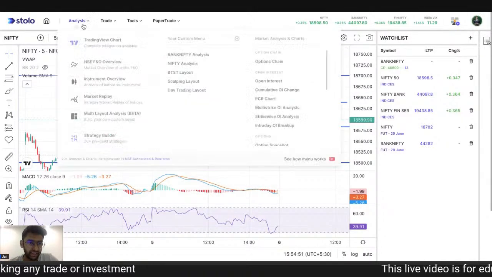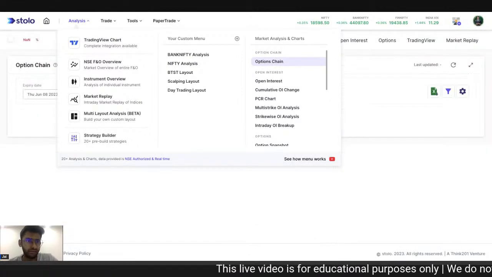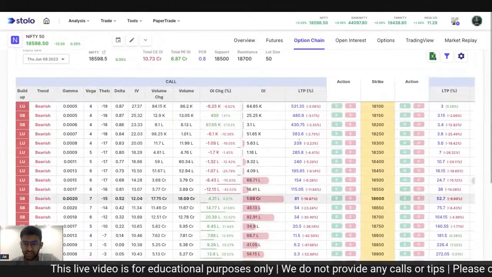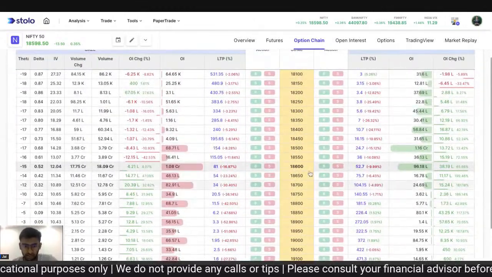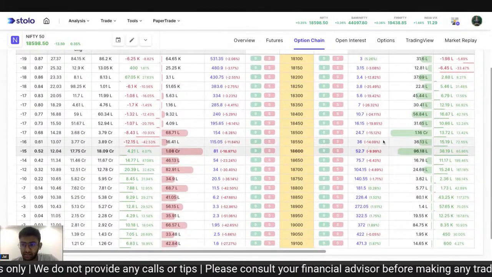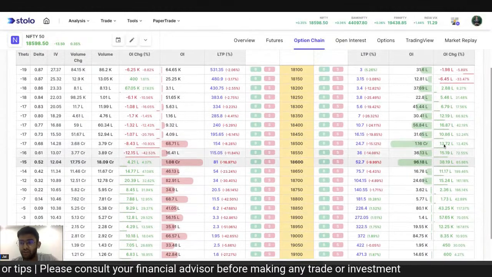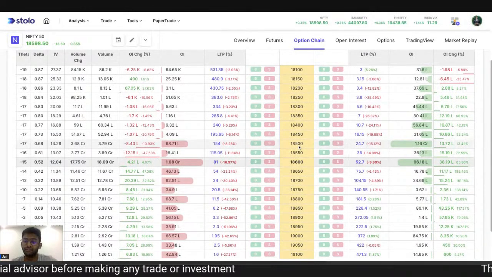So quickly coming into the option chain of Nifty, right? As we saw here, today we see around 13 lakh contracts again being added to 18,500, right?